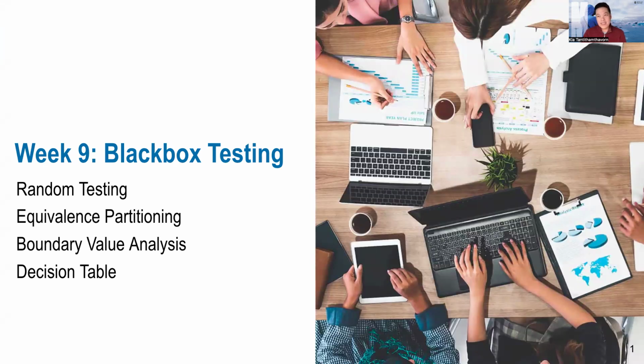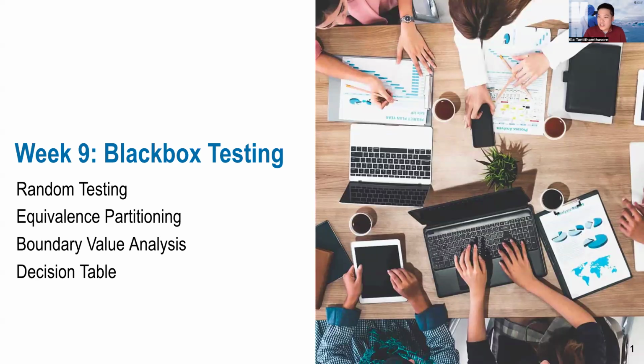Basically, last week we talked about unit testing and test coverage, and how to write the test cases and execute them. But in reality, sometimes, if we apply test-driven development, we haven't started writing the code, and then we're going to treat the software as a black box, right?